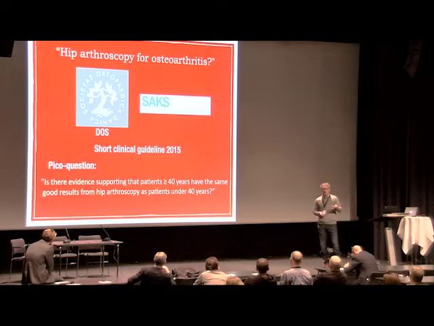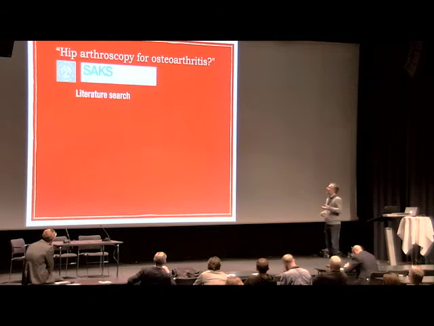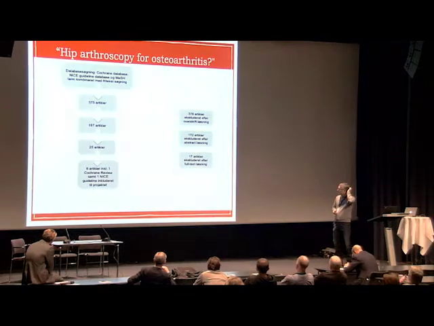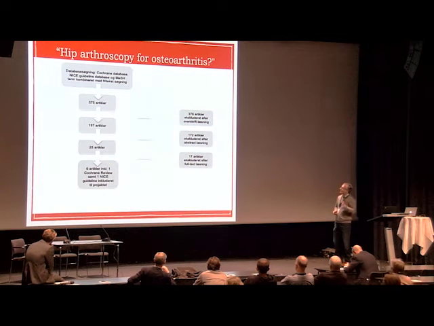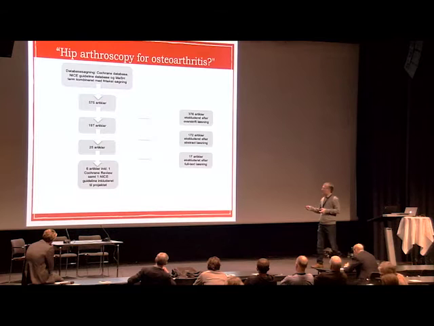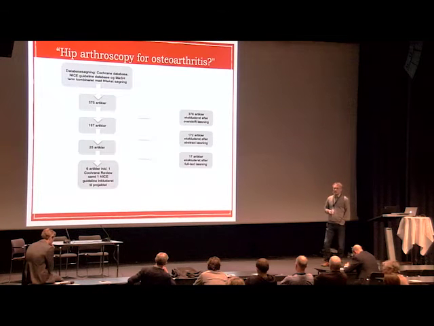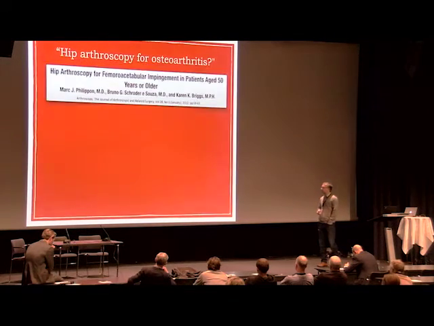That made us look at the literature. We did a literature search and found 575 possible articles, and in the end 6 articles, including one Cochrane review and one NICE guideline from the UK, were included in this short clinical guideline.